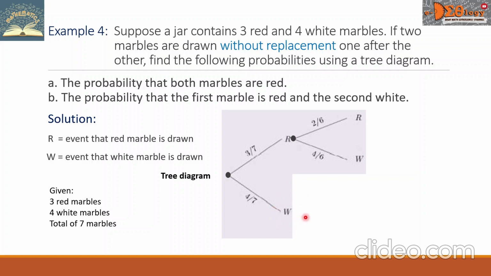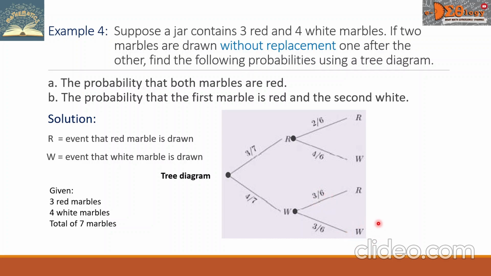Let's go to the W. After taking a white marble on the first draw, there will be two possibilities for the second draw. We know that it is a red marble or a white marble. For the red marbles, there will be 3 remaining marbles in the jar, all over the total number of marbles, so 3 over 6.